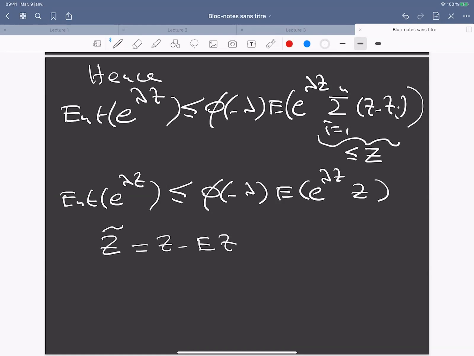And if we do that, you see that you get the same kind of inequality for the centered variable, but you make an extra term appear because of the fact that you have centered.